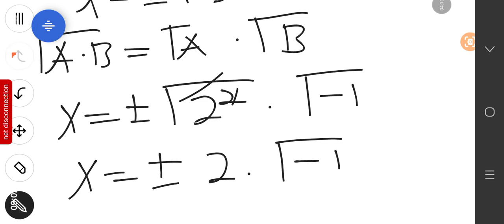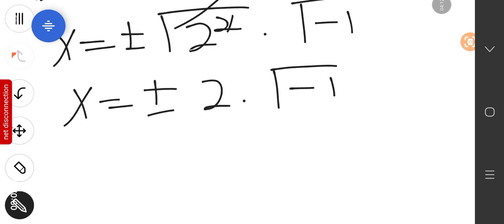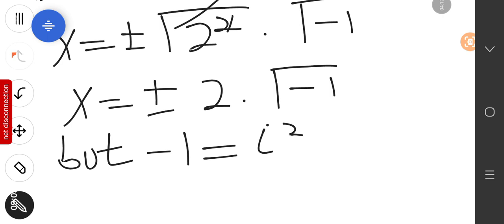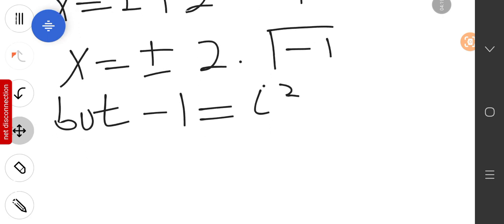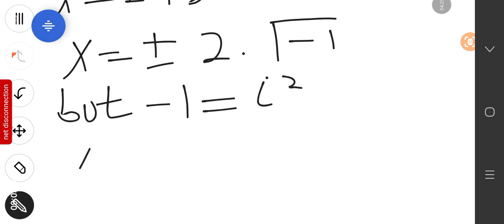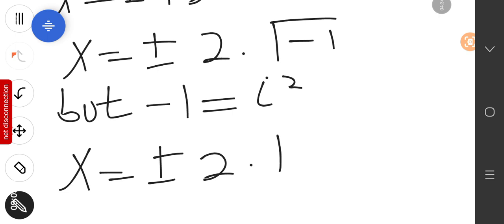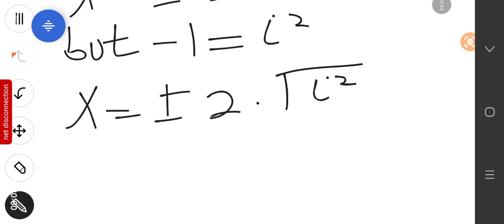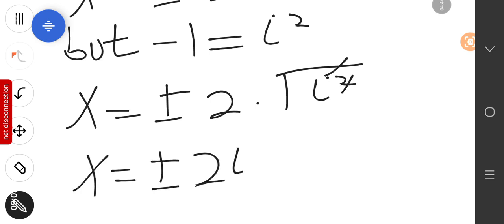so we are left with x equals plus or minus 2 times the square root of minus 1. Now we know that minus 1 equals i^2, so where we see minus 1, we write i^2. Our equation becomes x equals plus or minus 2 times the square root of i^2. The exponent cancels the root, so we are left with x equals plus or minus 2i.